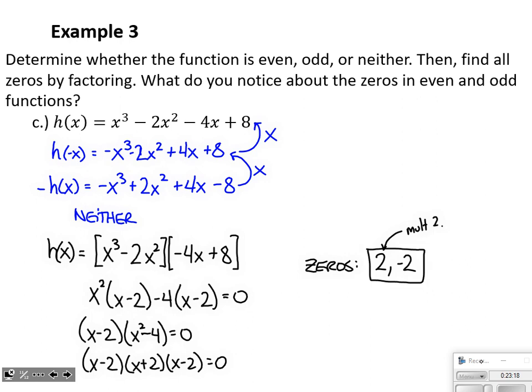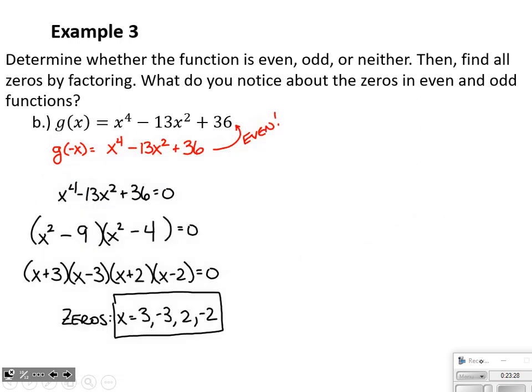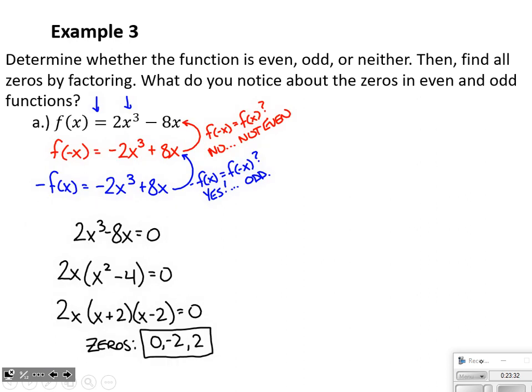So what do I notice? What do I notice about zeros in just the even and odd functions? Well, there's a symmetry there. Just like the graphs themselves showed symmetry, so do their zeros. This first one, letter A, was an odd function. Think about plotting those zeros on the x-axis. We had 0, positive 2, and negative 2.